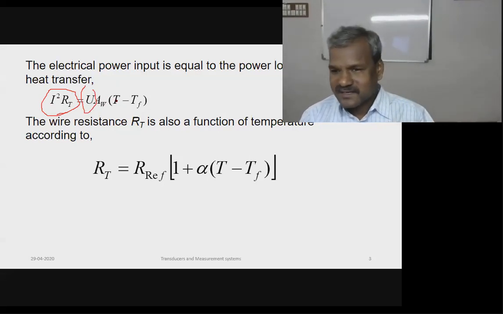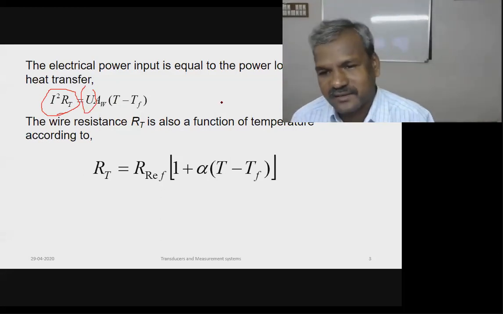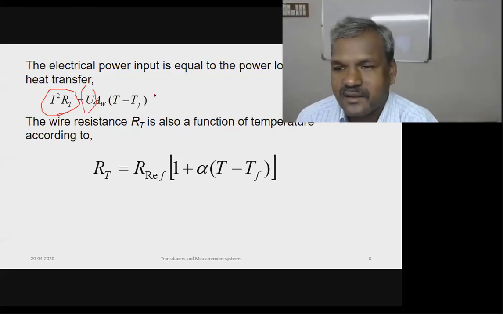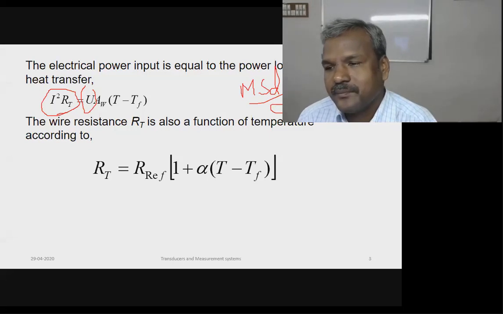The same balance condition we studied in modeling of thermometers. In modeling of thermometer, the equilibrium condition in the thermodynamic equation is Ms dT by dt equal to UA into T2 minus T1.